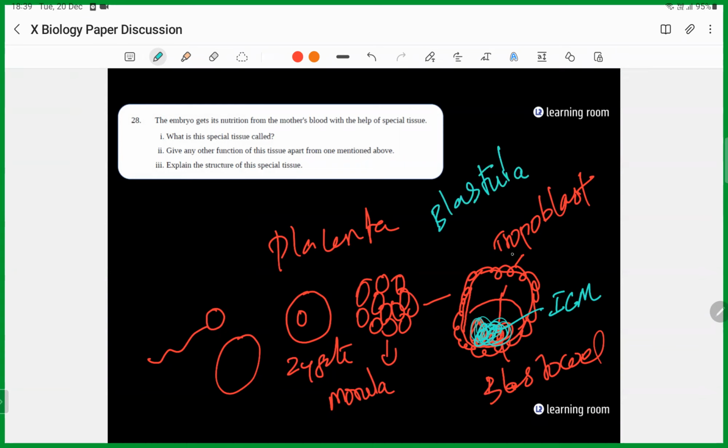What are the three parts? Outer trophoblast, and then one cavity called blastocoel, and in the center some cells called inner cell mass. What tissue develops into placenta? There are three: trophoblast, inner cell mass, and cavity. Which part supports the placenta formation?